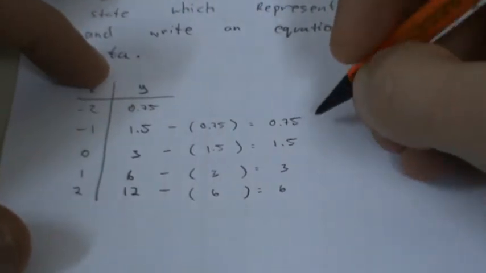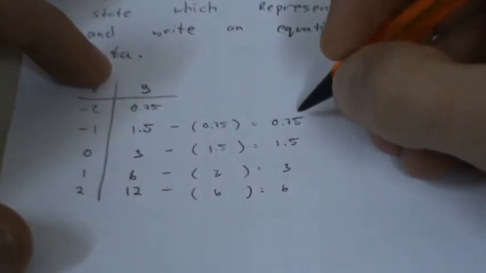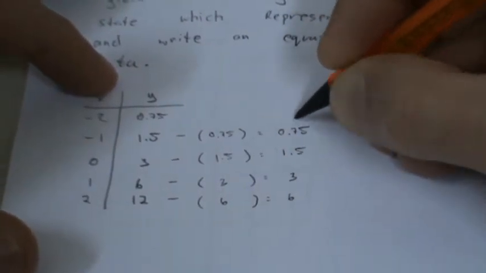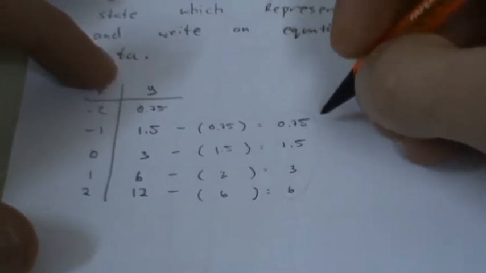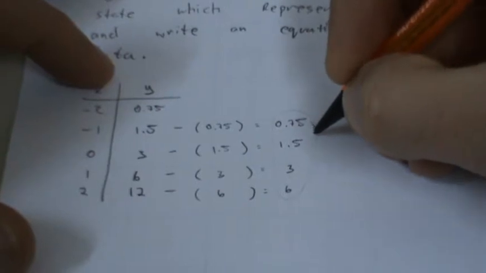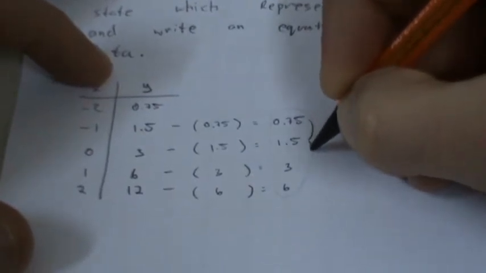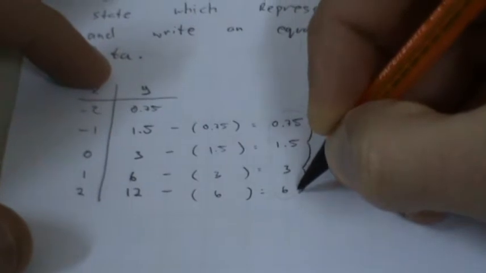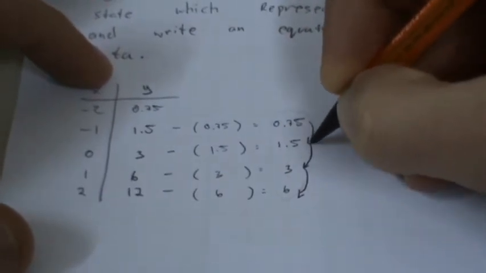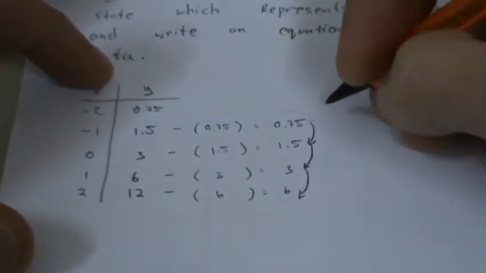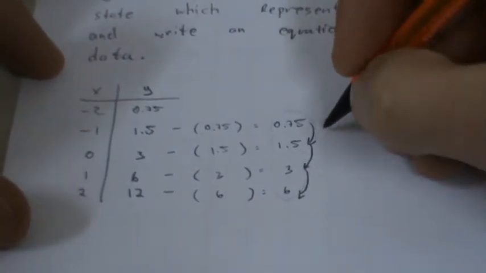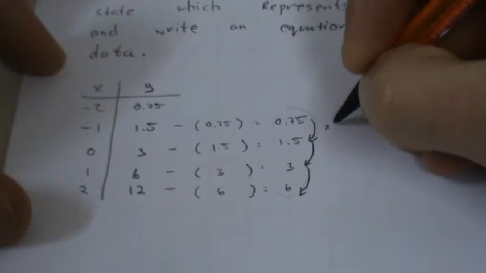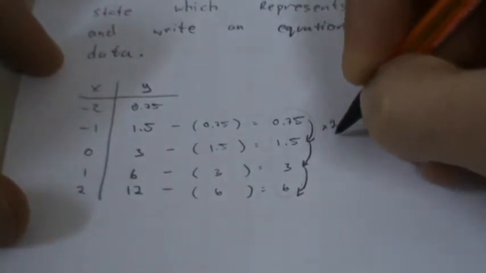Alright. And then if you notice that there's a pattern here, before you move on to do the other finite differences, you actually want to see what it is that is getting me from this number to this number. I'm multiplying by 2, I believe.